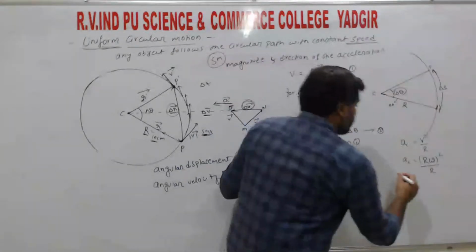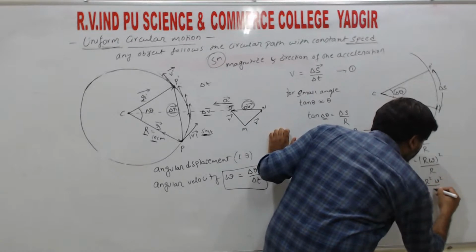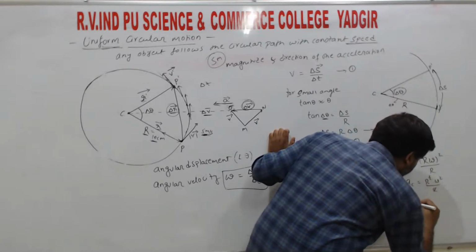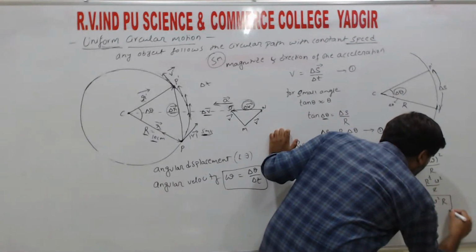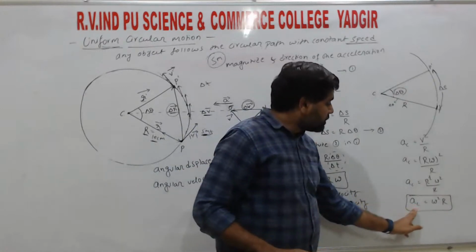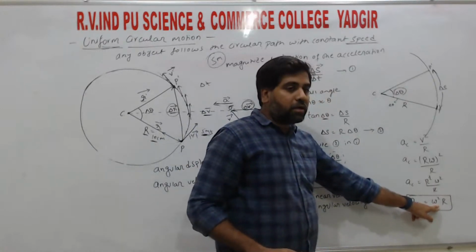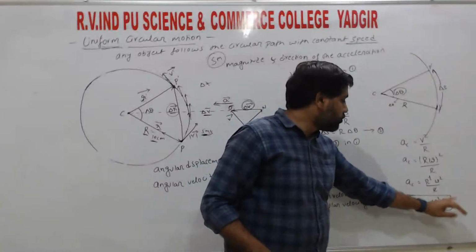So AC is equal to r square omega square divided by r. So r gets cancelled, and the centripetal acceleration is equal to omega square r. This gives the centripetal acceleration in terms of angular velocity.